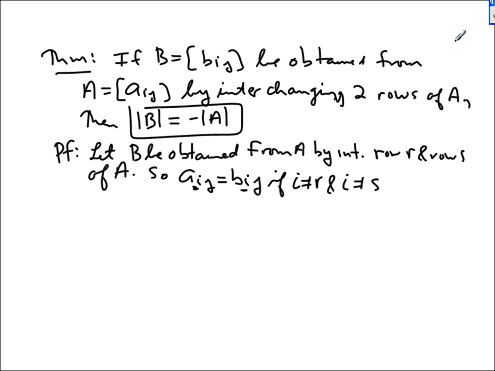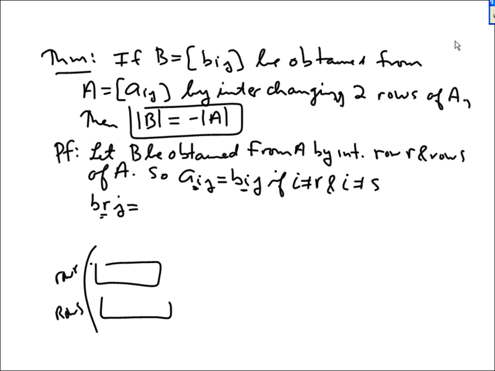But what if we are? What if we're talking about row R? BRJ. The Rth row, some column position. Remember, this is row R and this is row S. And this is matrix A. Okay?